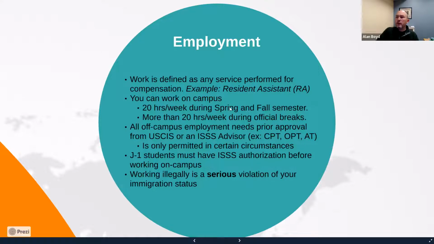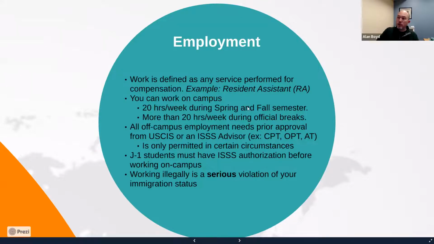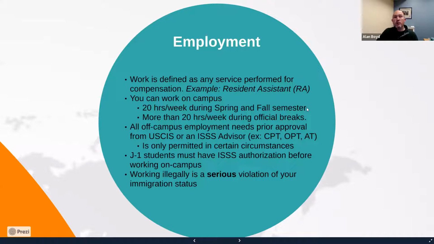However, if you would like to work off campus, if you find a summer internship, for example, and it's not on campus, then that will require special authorization that you need to apply for. So if you are in your student status during your degree and you want to work off campus, you have to apply for CPT.